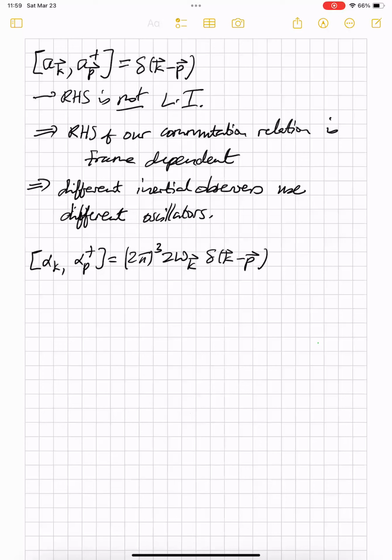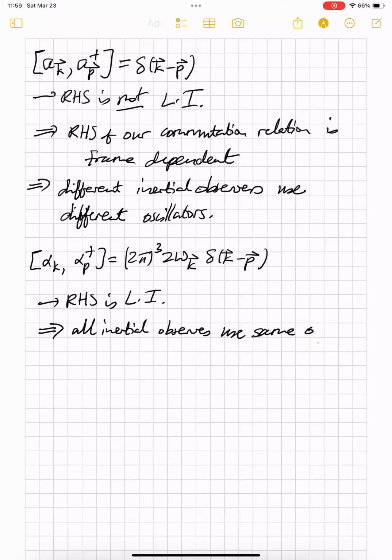On the other hand, if you use the second commutator shown, the Lorentz invariant commutator, in this case the right-hand side is Lorentz invariant. And that means, whatever inertial frame you're in, you have exactly the same commutation relation. And that means all inertial observers use the same oscillators.